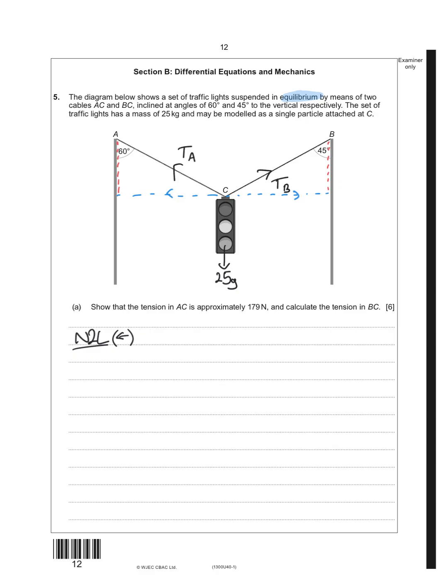Now in both of these triangles you can see that the blue side is opposite the given angle, which means we're going to use the sine component. So I can say that TA sine 60 is equal to TB sine 45.